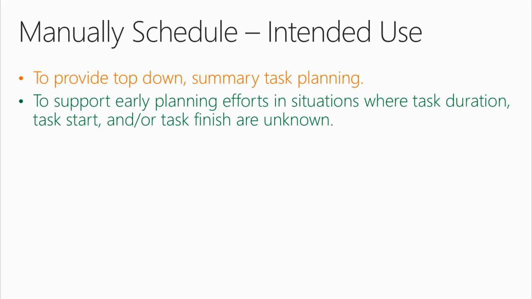To support early planning efforts in situations where task duration, task start, and or task finish are unknown. But what's interesting here is I'm talking about task, but top-down planning sounds summary task to me. Phase level, not subtask level. But because this top-down planning functionality was added to Project, it's sitting there available at the task level. Keep that in mind.